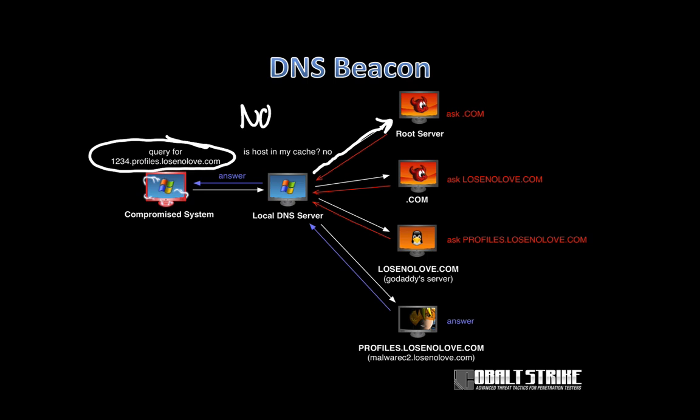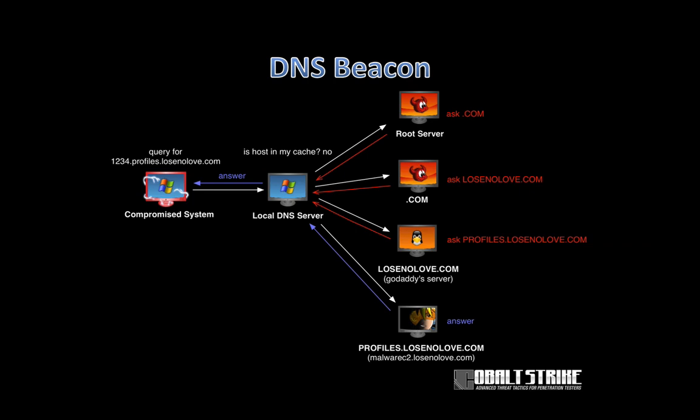And what it's going to reply with is advice that our local DNS server instead ask the server that is authoritative for the .com domain. So it's going to give us back that response. And our local DNS server, undeterred, is going to try again.